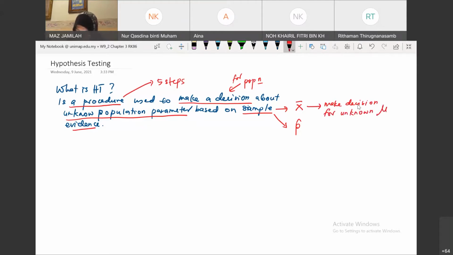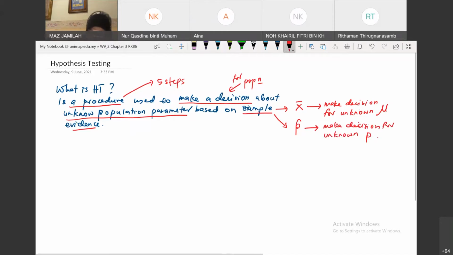We use the sample mean to make a decision for the unknown mu, the population mean. The same goes for p hat, to make a decision for the unknown p, your population proportion. That is what HT is.